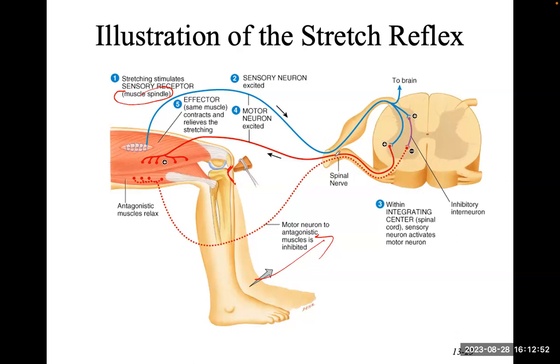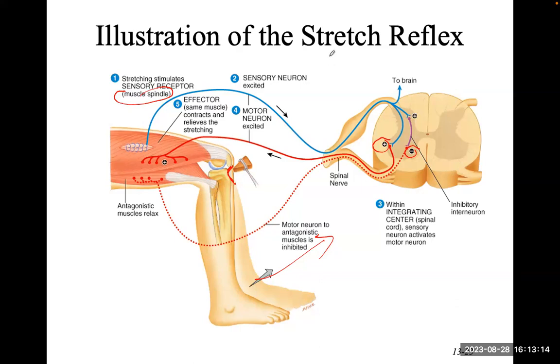So the solid line, you see the plus, that's excitation, and the minus is inhibition. So the quads are stimulated, the hamstrings or the antagonist are shut down, and when this is activated, you get pure extension. Okay, so that's the stretch reflex.